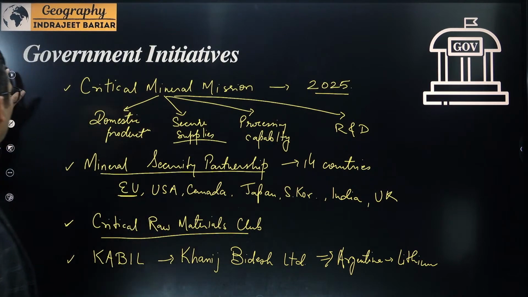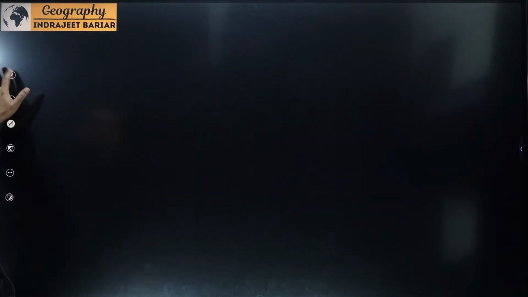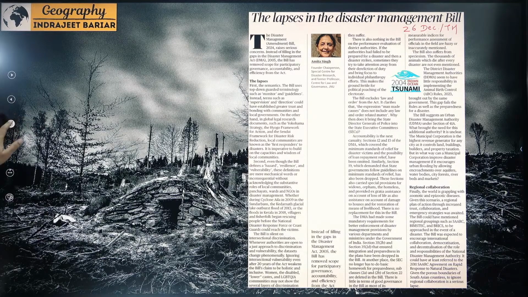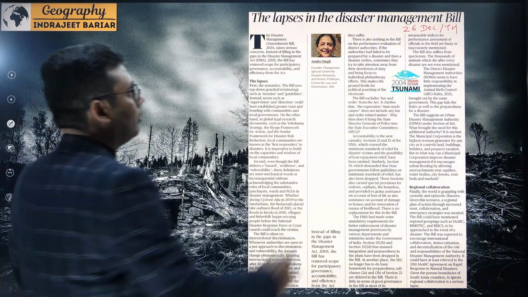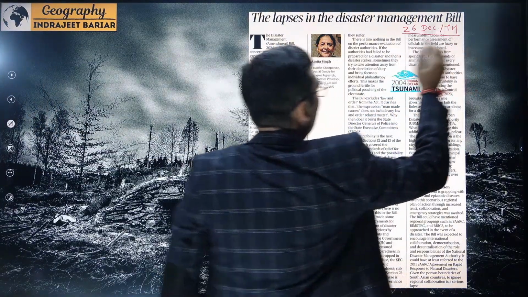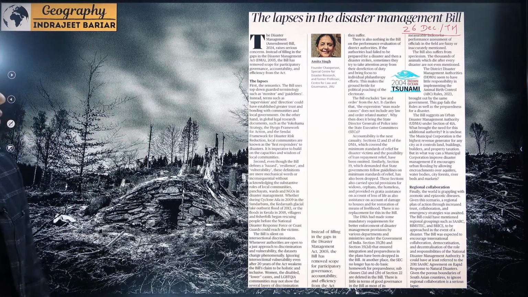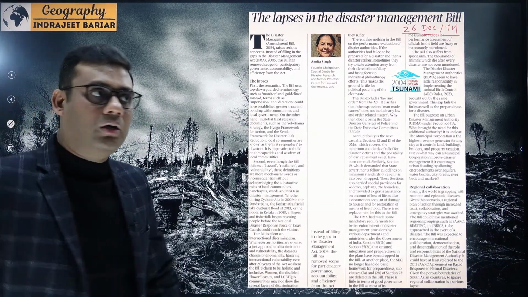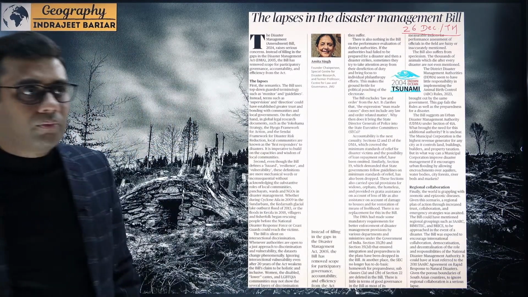Now, the next news that we come across was on 26th of December. The Hindu covered it, and it was with respect to the lapses in the Disaster Management Bill.